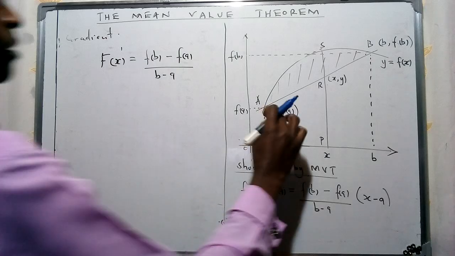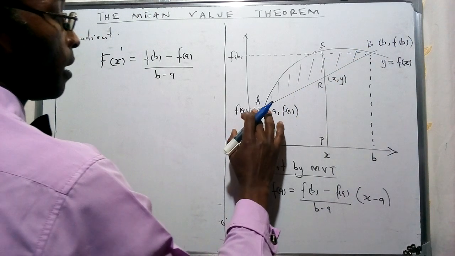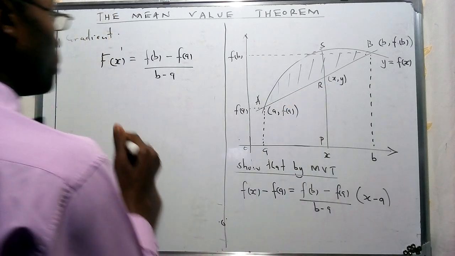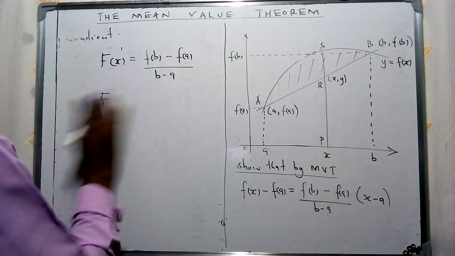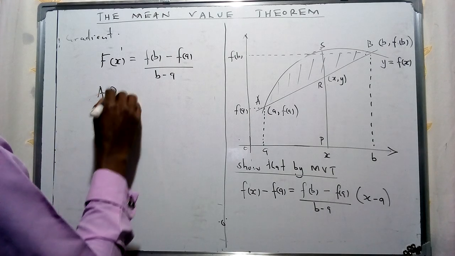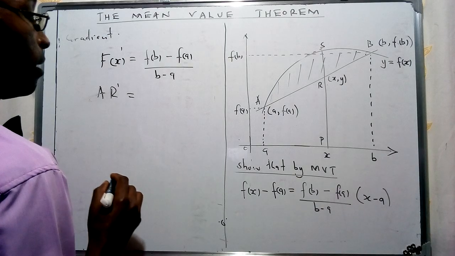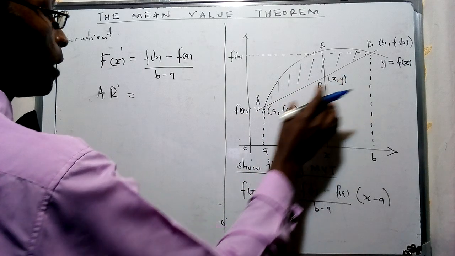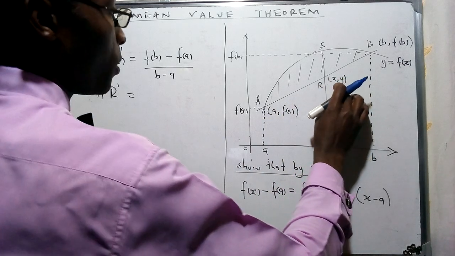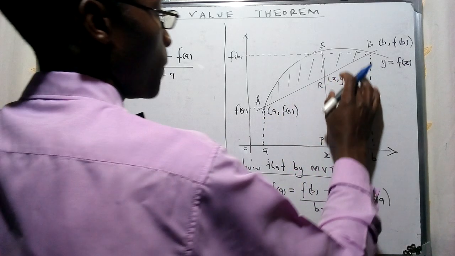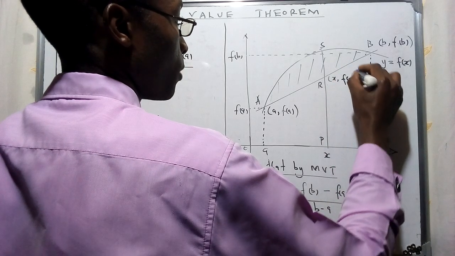Now, if this is a straight line, and AR is a section of this line, we're going to have the gradient of AR given in terms of these specific coordinates, which we give in terms of x and y, but I can have this given in terms of x and the function f of x.